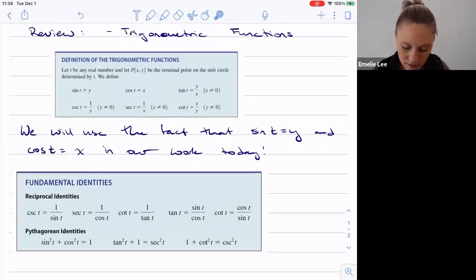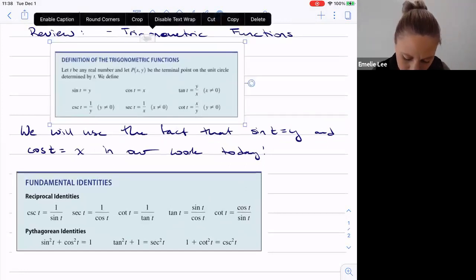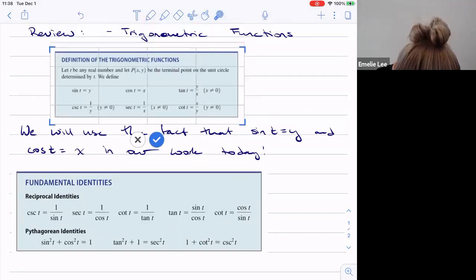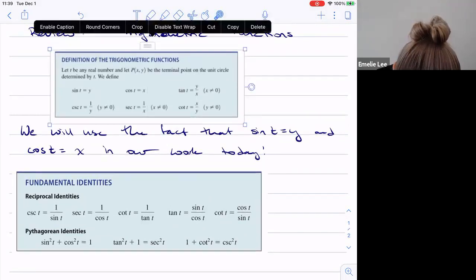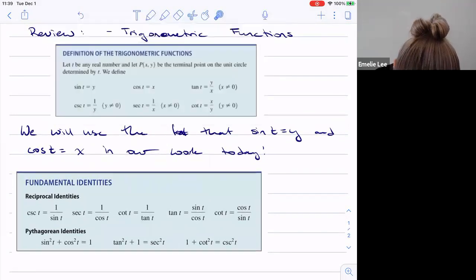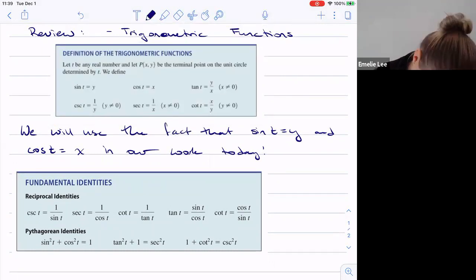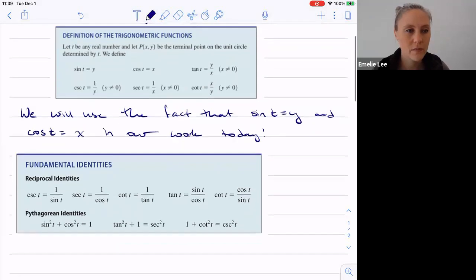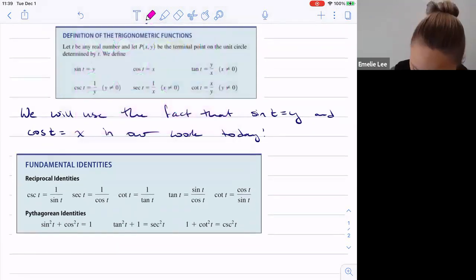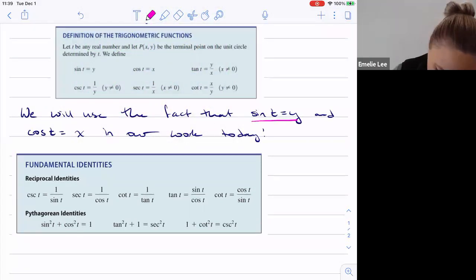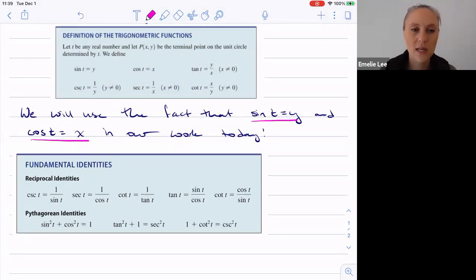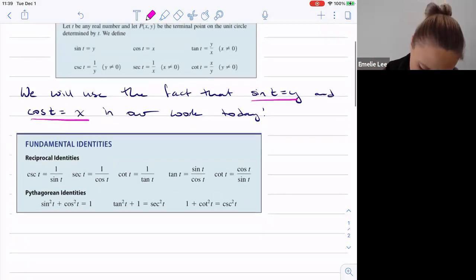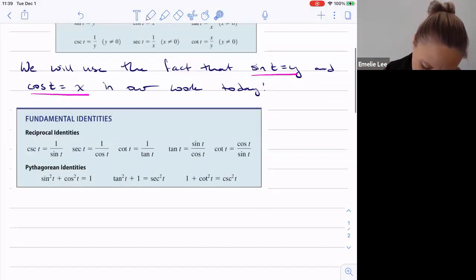So we'll use the other ones too, but these are the main players, that sine t is y and cos t is x if we're working on the unit circle, right? And x y is the terminal point.